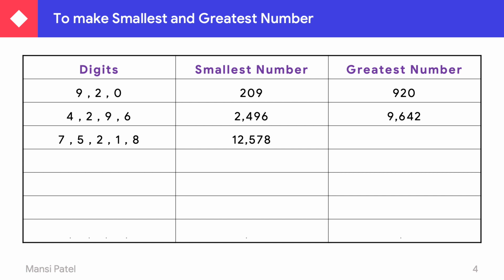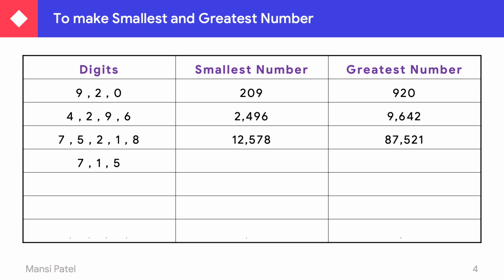It becomes 12,578. Now what about the greatest number? Write down in descending order 87521. So it is 87,521. Now again here it is 715. Here I am giving 3 digits to you.